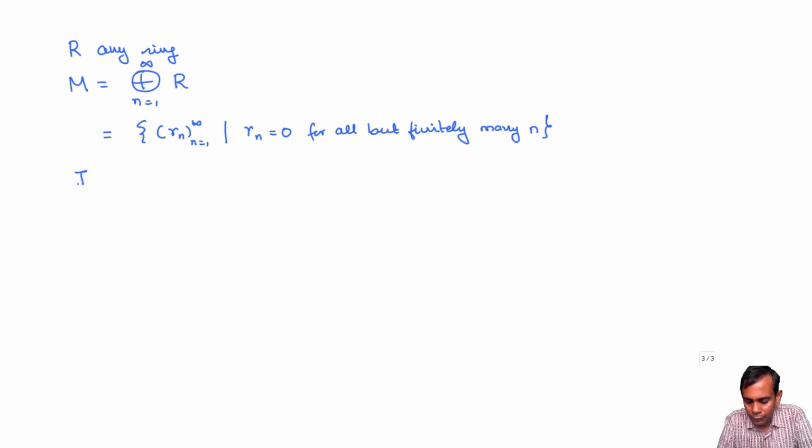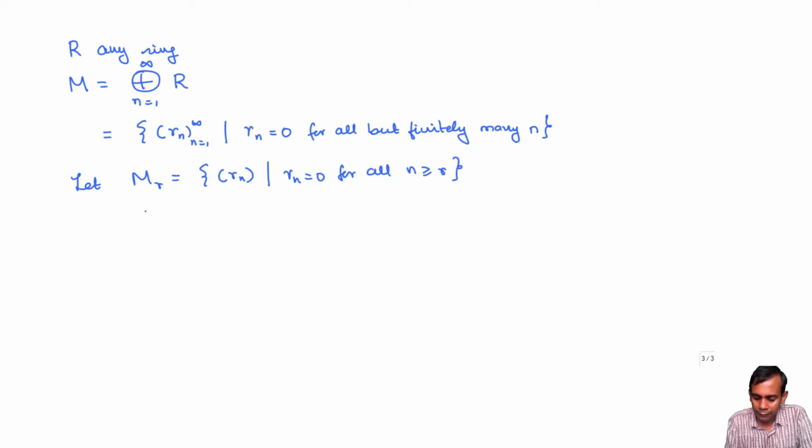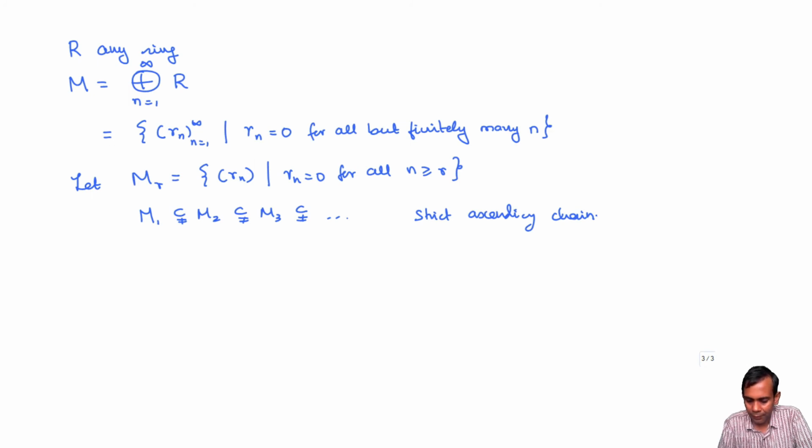Then inside M you can look at Mr, let's say, to be the submodule consisting of sequences rn such that rn equals 0 for all n greater than or equal to r. Then we have M1 is properly contained in M2, properly contained in M3, etc. So this is a strict ascending chain. Therefore, M is not a Noetherian R module.